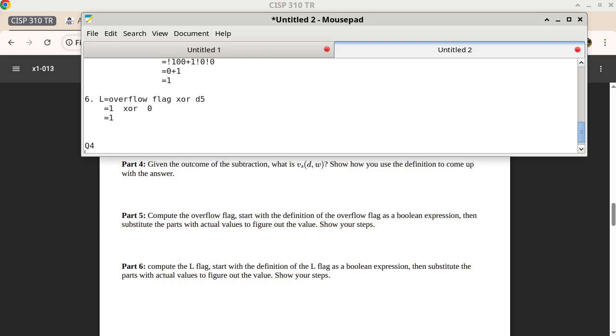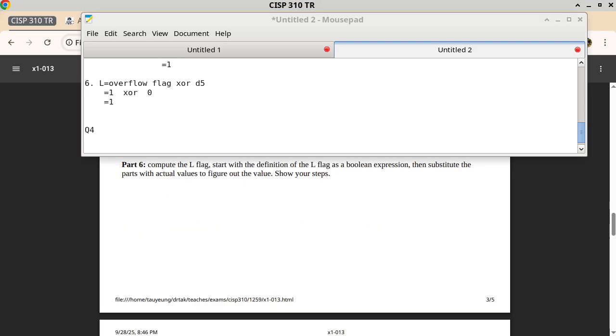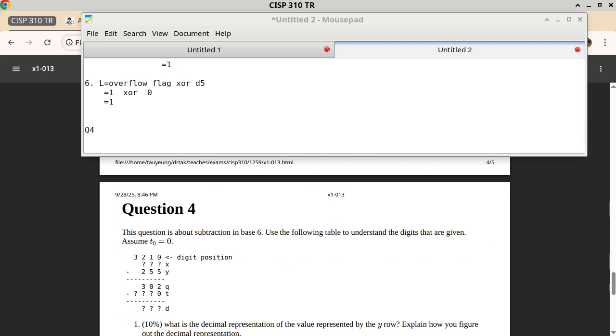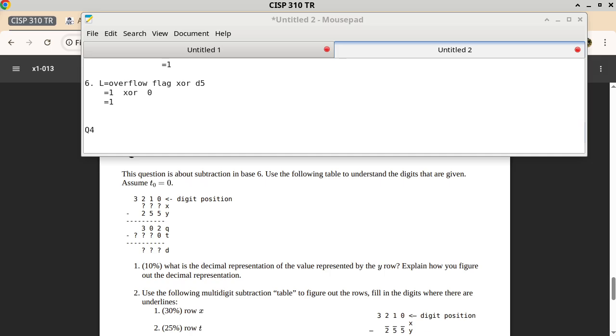So Q4. All right. Question number 4 is a base 6 subtraction. The key here is it is a subtraction, not an addition. Part 1 is asking what is the decimal representation of the y row. The y row in this case is 255.